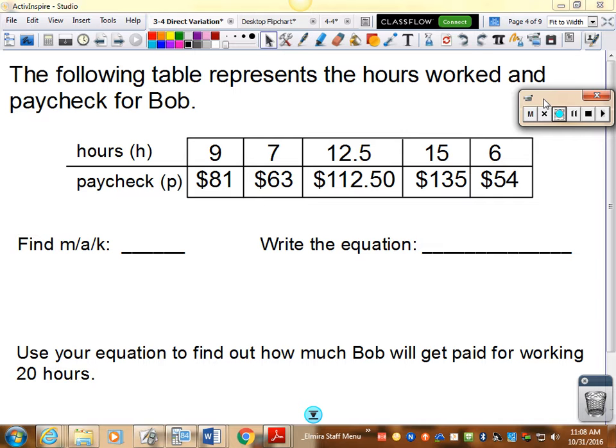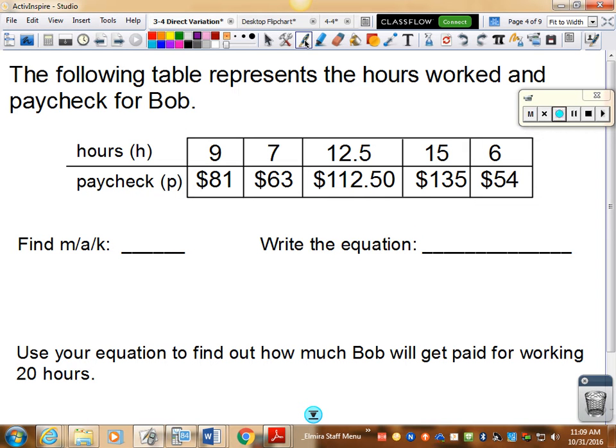Well, in the real world, when your boss tells you you're going to make a certain amount of money per hour, that doesn't mean you get paid that in your check, because they take out stuff like taxes and Social Security and FICA, whatever that is. So maybe Bob is writing down his paychecks because he wants to know how much he makes after taxes.